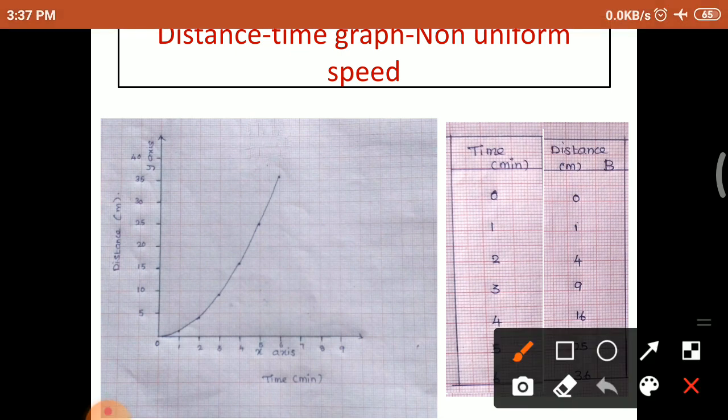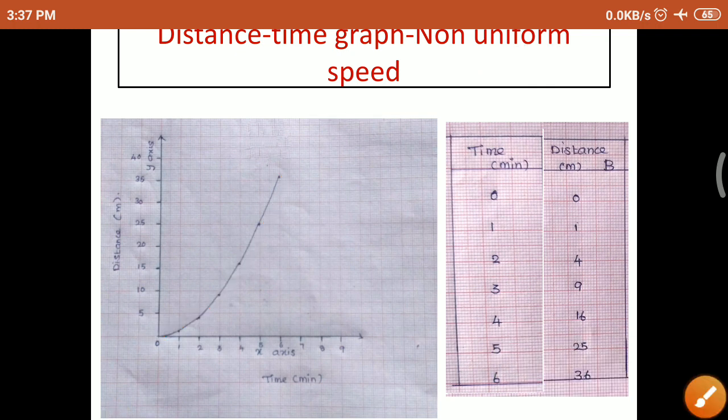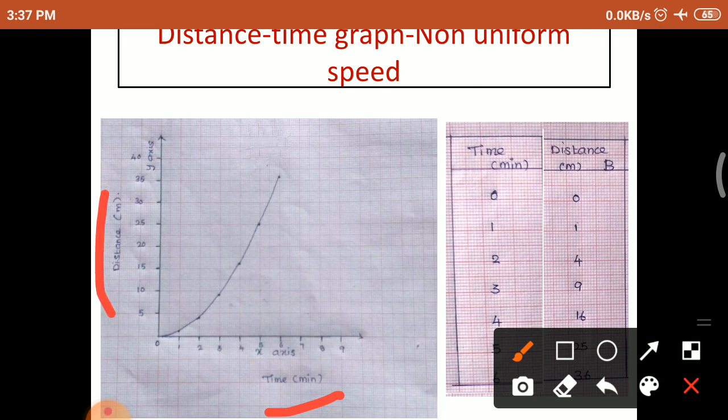When I joined the points, I got this shape. So this shape represents non-uniform speed. The object moves in non-uniform speed. When we do not get a straight line graph, that graph shows that the object moves in non-uniform speed. So with time in minute and distance in meter, we get this shape of graph.